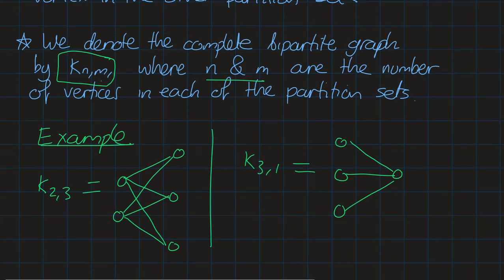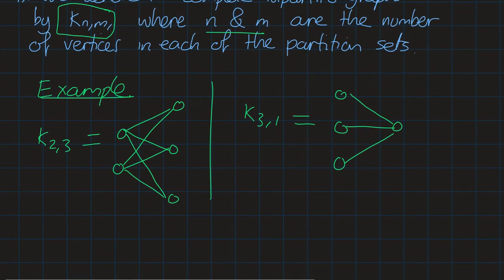That's K_3,1. And again, when you're talking about special graphs, you're talking about them up to isomorphism, so the exact way I draw them doesn't matter. I could have drawn this one like this. This is still K_3,1.